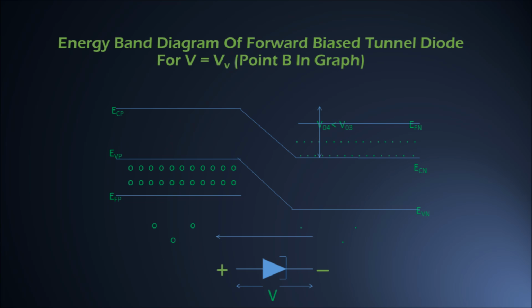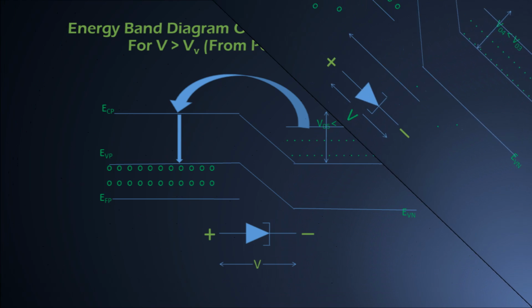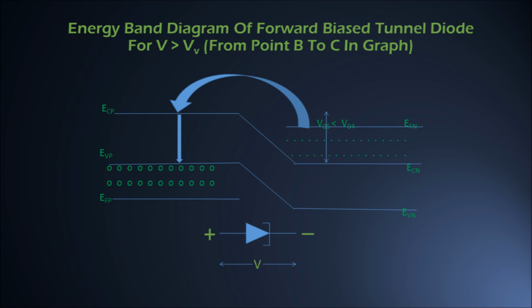But the graph shows that even at valley voltage, current does not have 0 value. This excess current is due to tunneling of valence band electrons of the n side, which are available due to breakage of some covalent bonds.